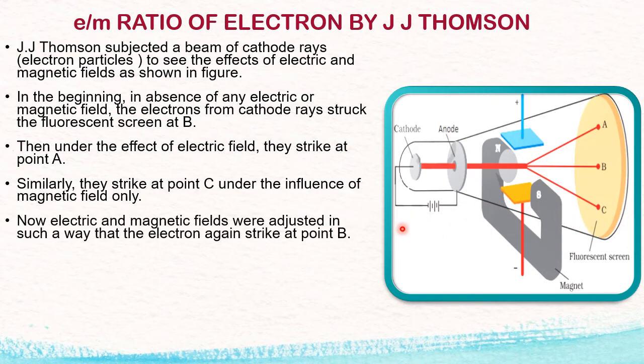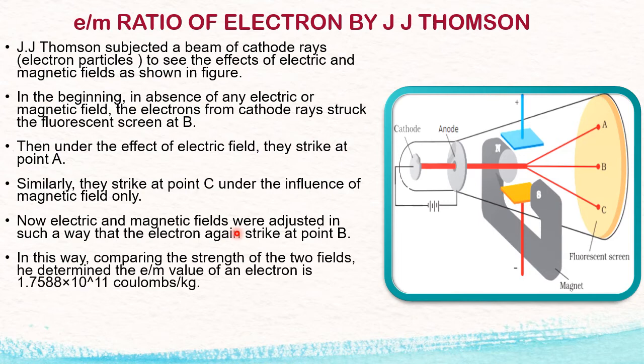Now, the electric and magnetic fields were adjusted in such a way that the electron again strikes at point B. This he did with some mathematics and physics help, which is beyond this 11th class textbook. In this way, by carefully adjusting both the electric field and the magnetic field, he calculated the e/m value.